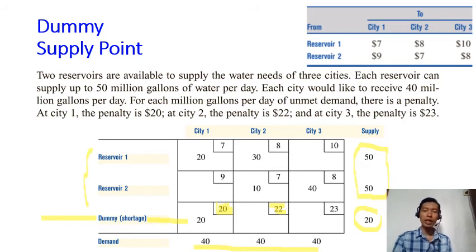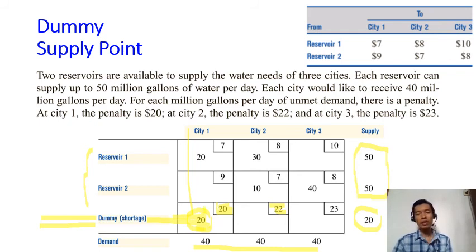For example, if we have this kind of solution, again, we are not talking about how we can get the solution, okay? So we just assume that we have a solution that looks like this, okay? So assume that we have a solution saying that we are going to send 20 million gallons of water from dummy point to city 1. Because dummy point is actually something that does not exist, so this 20 million gallons is actually not water, it's just nothing.